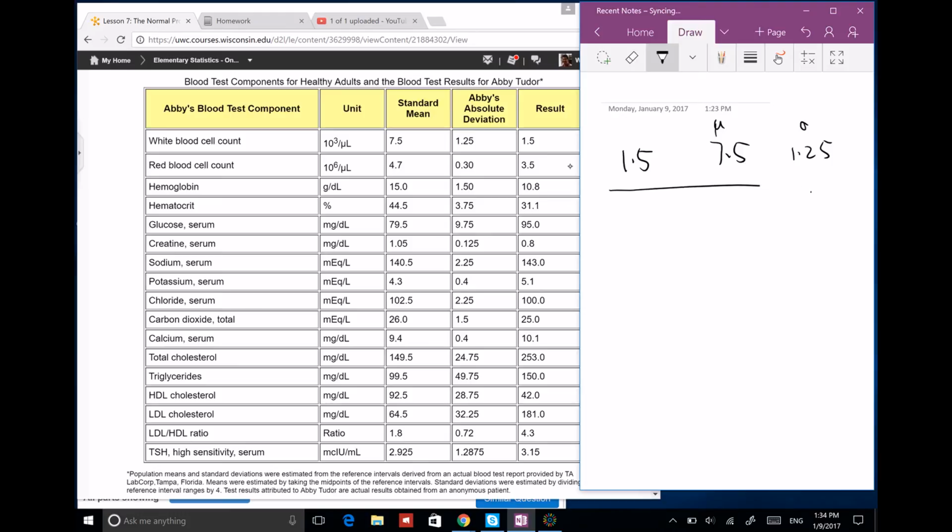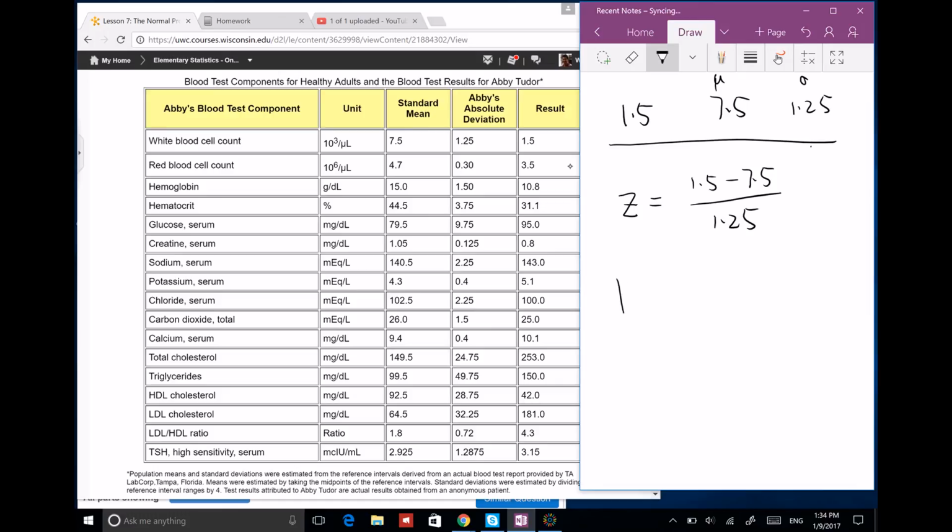I'll give you one example of how to do this. Abby's result is 1.5. We find the z-score: z equals (1.5 minus 7.5) over 1.25.